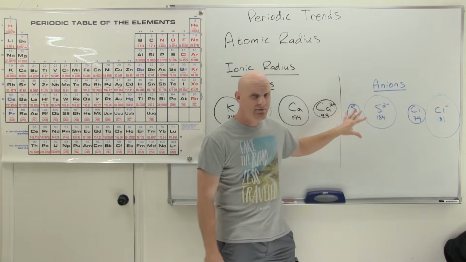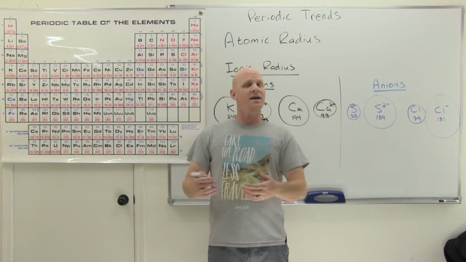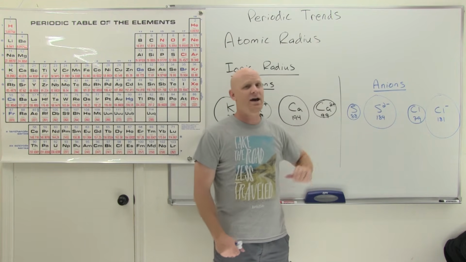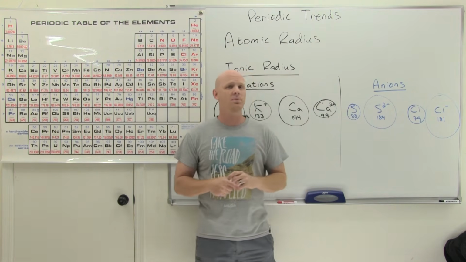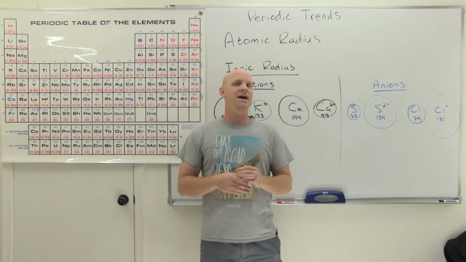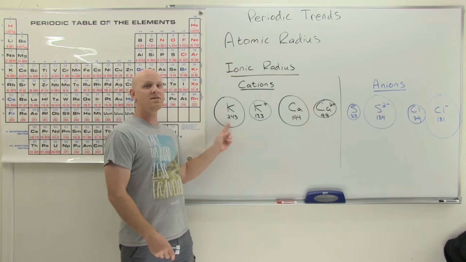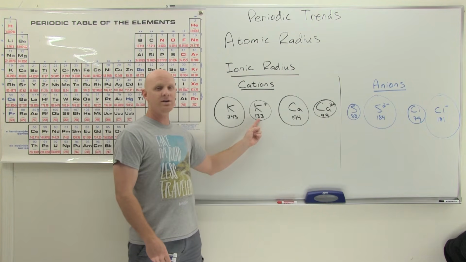So significant changes in size when we either lose electrons and become cations, or gain electrons and become anions. Now, a couple places this could show up on the exam. You might see, which of the following has an atomic radius, which means neutral atom, that is larger than the ionic radius.